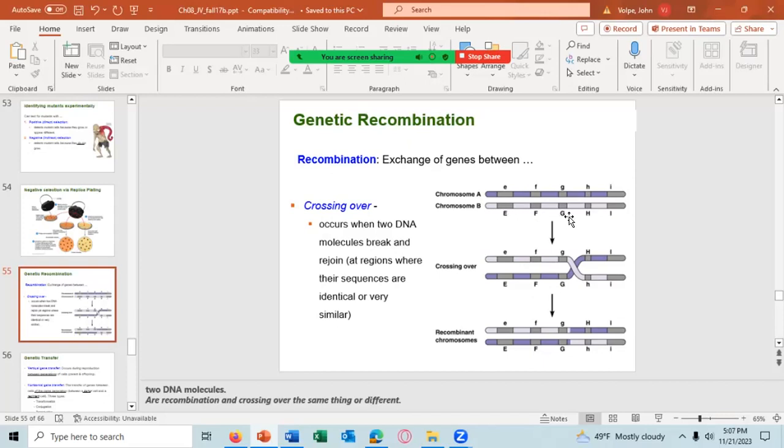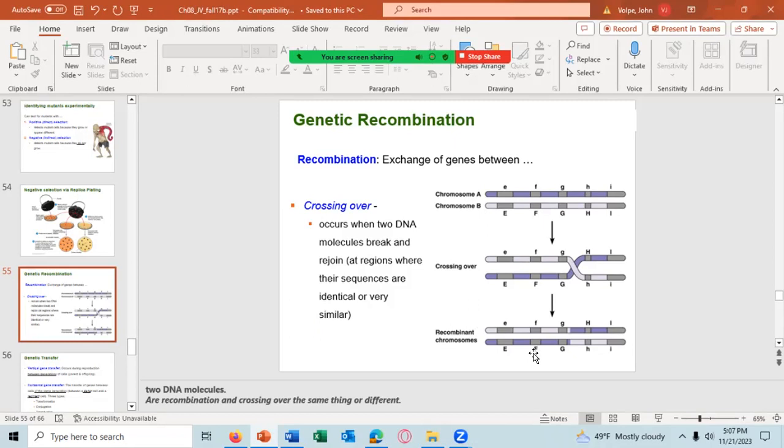And when they pair like that, they can cross over like this. The mother's chromosome had lowercase e, F, G, and H alleles, and the father had the capital alleles. We can then get the chromosome break right here, and then they switch parts so that this chromosome now has the mother's lowercase e, F, and G alleles or genes, and the father's capital H and capital I gene. So that's a recombinant chromosome. And then the other chromosome is a recombinant chromosome as well.